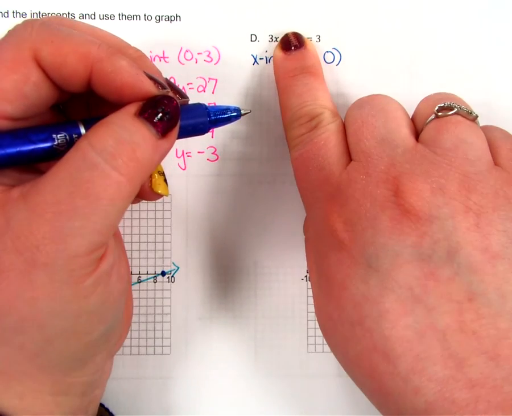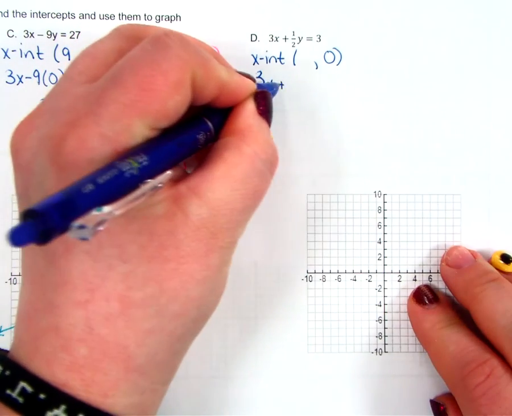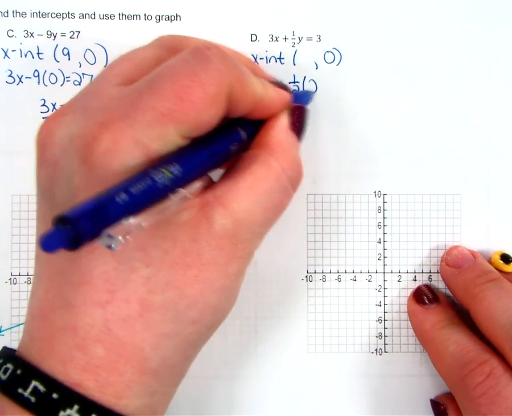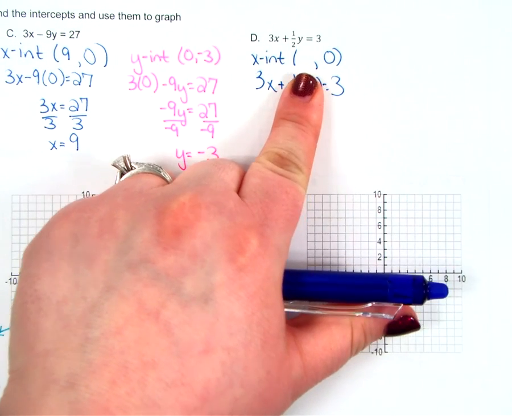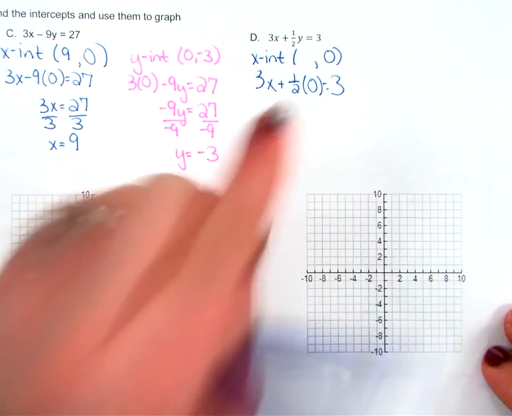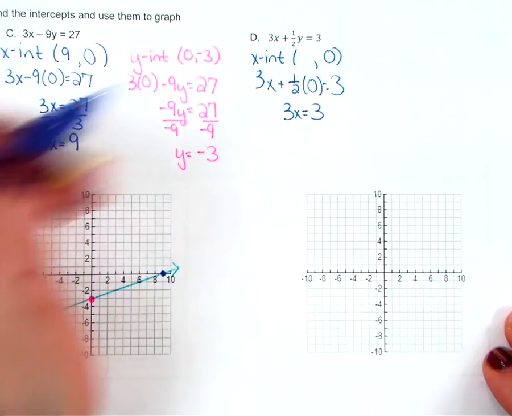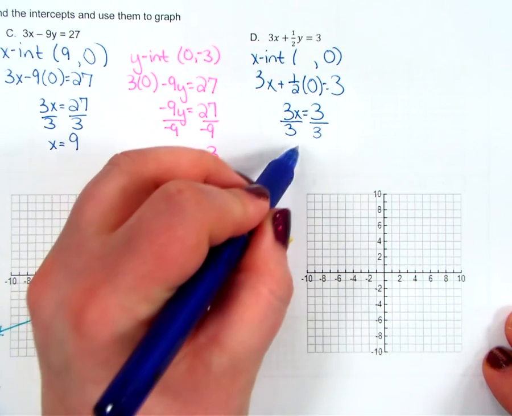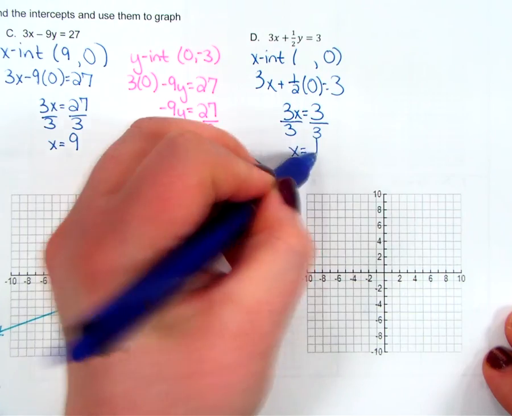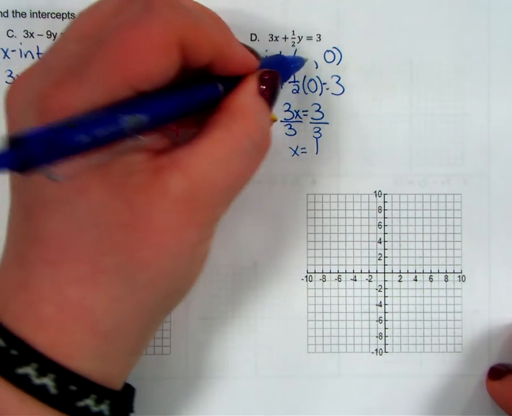We'll be left with 3x equals 3. 3x plus 1/2 times 0 equals 3. 1/2 times 0 is just 0. So 3x equals 3. Divide by 3 on both sides, and x is equal to 1. So my x-intercept is just 1, 0.